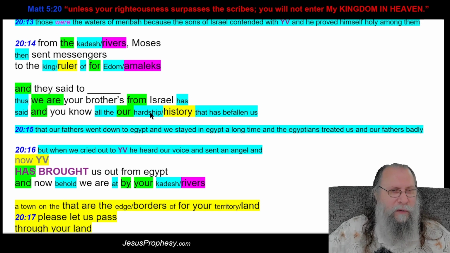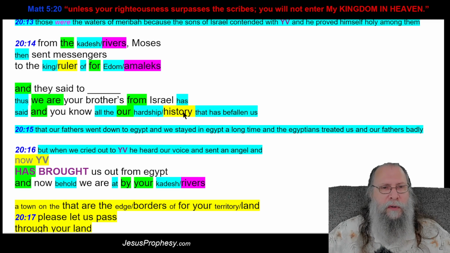Now, I'm not going to go over there into the concordance to show you that I know that these are too far different, but to know our hardship, when you look at the words here and try to make sense of the story as it goes, to be reasoned out logically, I'm adding words. This word needs to be here because I just explained why Amaleks are descendants from Noah and they would know the story of Abraham, okay, and what was going on.